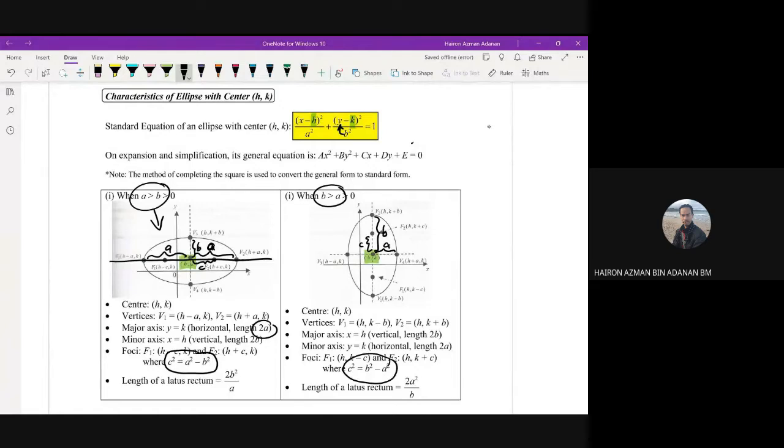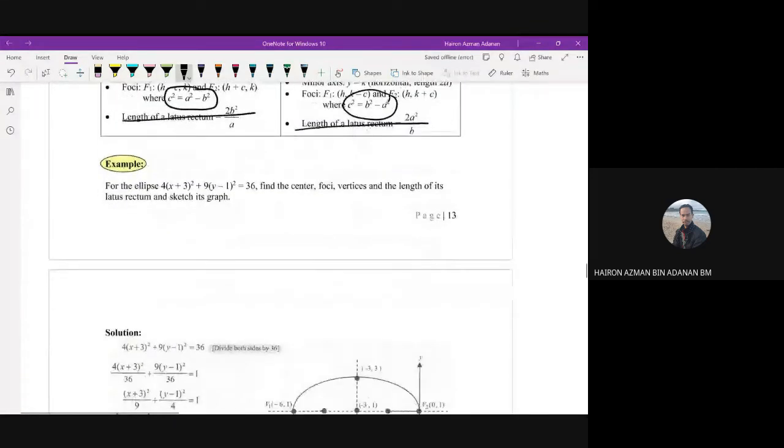This is your major axis, and the foci are on the major axis. The length of the major axis for B more than A is of course 2B. B here, this one also B, so 2B. Just ignore the length of the latus rectum. This is an extra note, you can ignore it, it is excluded in our syllabus.